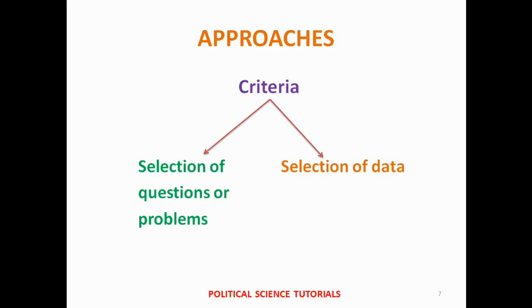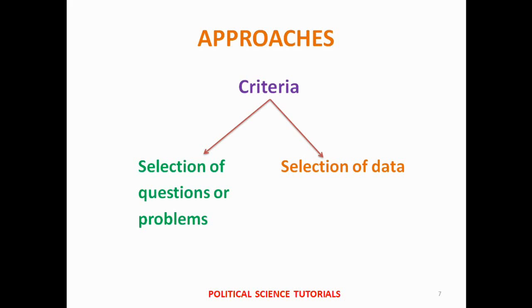So, approaches depend upon what? Approaches depend upon criteria, and these are selection of questions or problems and selection of data. Why is this criteria used? A criterion is used to explain or analyze the political questions and data.